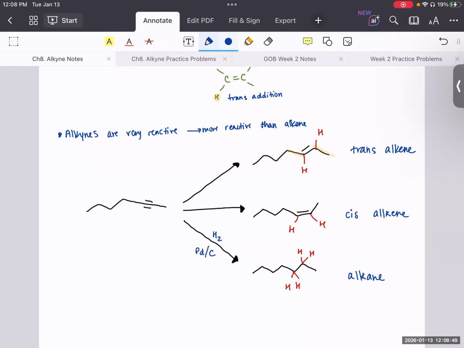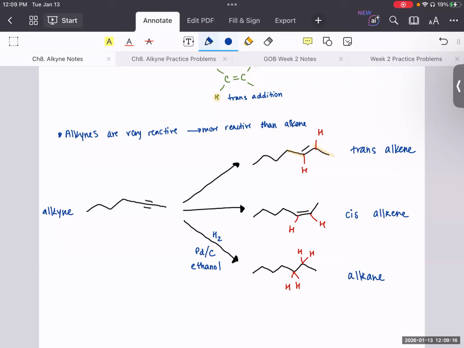Since alkynes are more reactive, that alkyne will be reduced to an alkene, and then that reagent is also strong enough to reduce the alkene down to the alkane. The solvent usually used for this reaction is something like ethanol, so you might see ethanol within the reagents for this. And that's how we go from the alkyne to the alkane, exactly the same as what we did with alkenes to alkanes in the previous chapter.